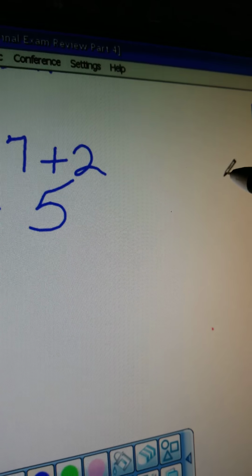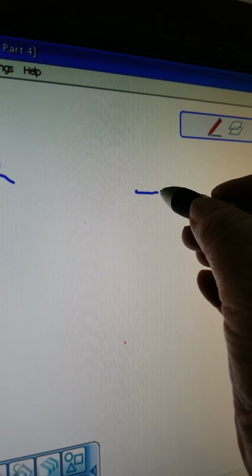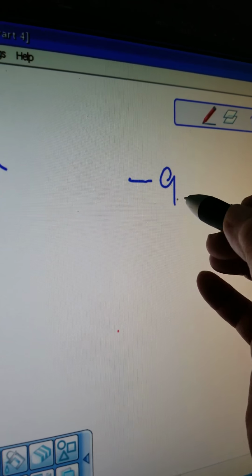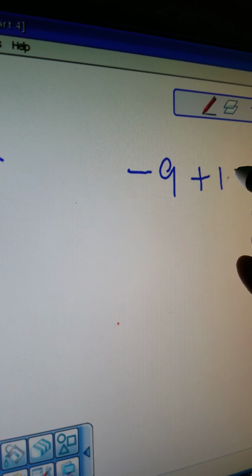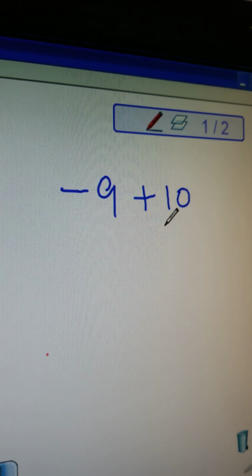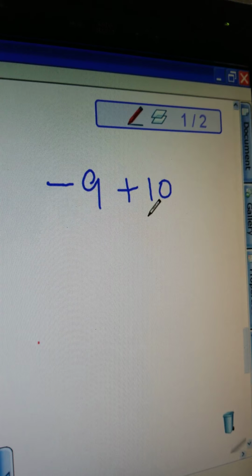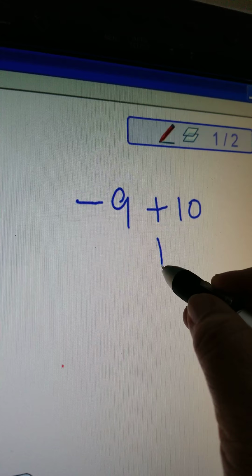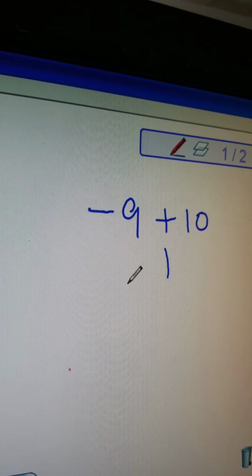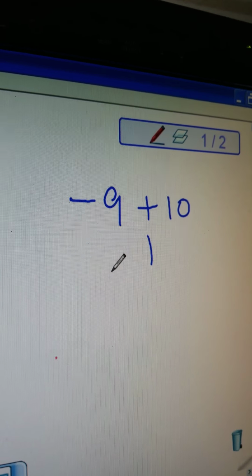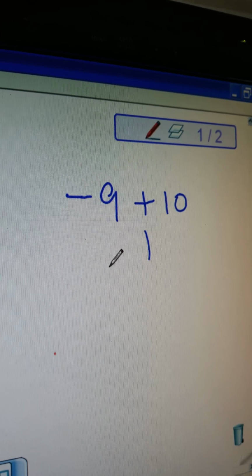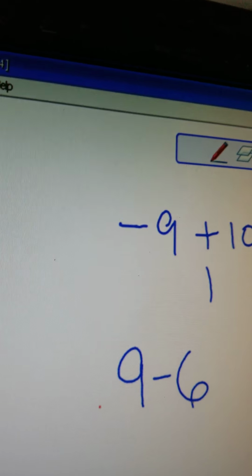If I have -9 plus 10, again, different signs, take the difference, which is what? 1. And what sign's farthest from 0? Positive. And do I have to put the positive sign? No.